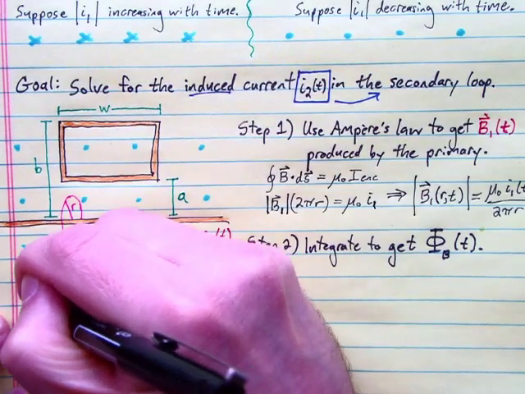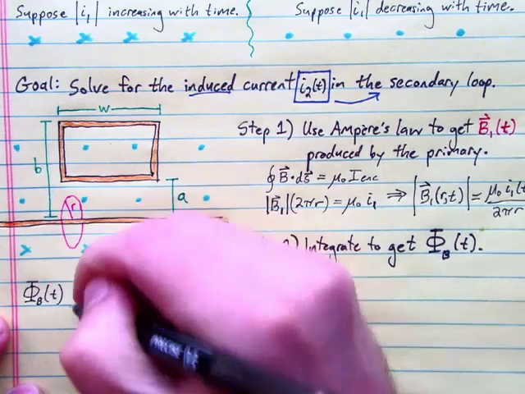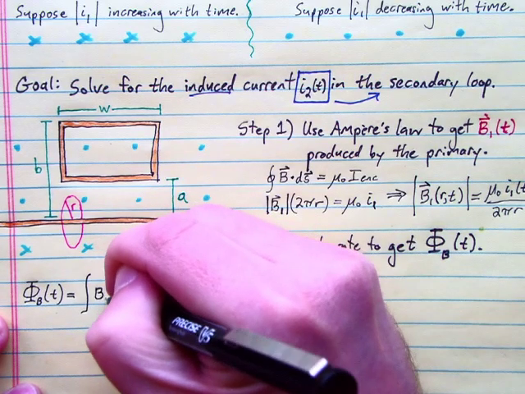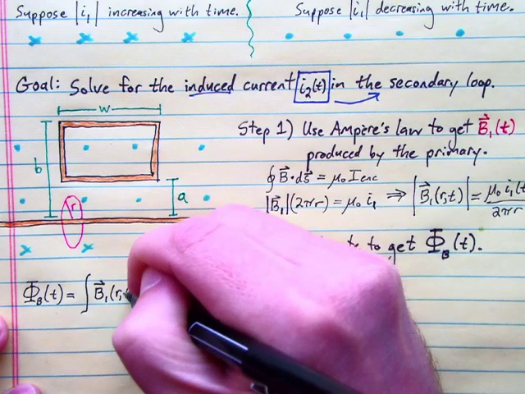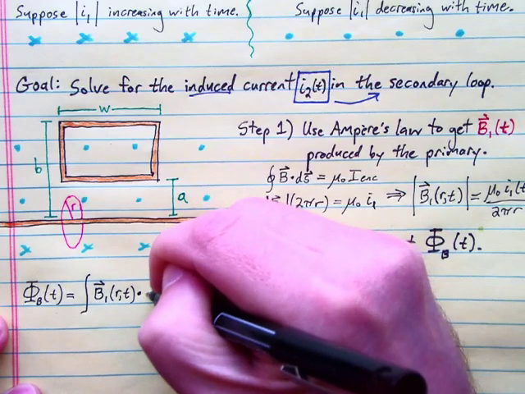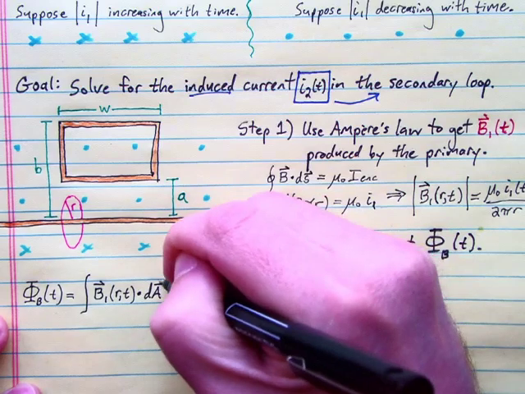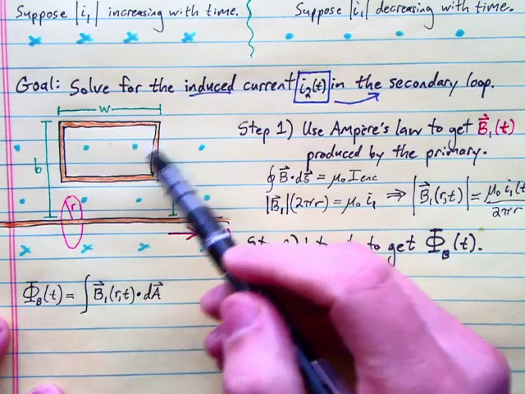Magnetic flux as a function of time will come from the open surface integral of B1, which is a function of r and time, dotted with dA, little surface area vectors, everywhere throughout this rectangle.